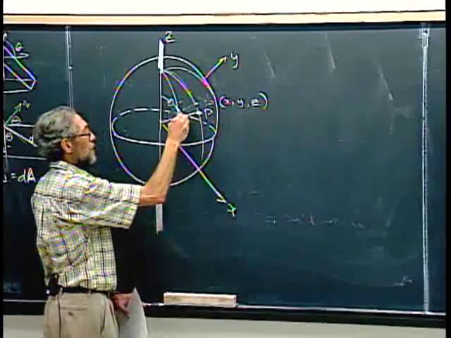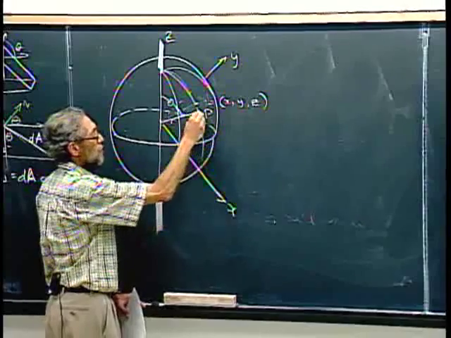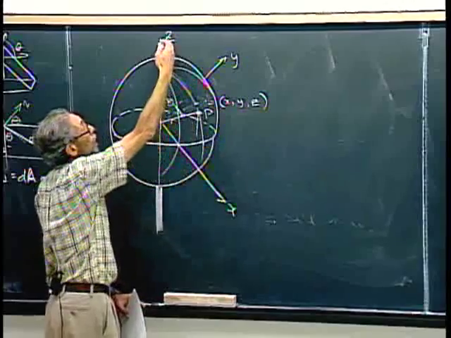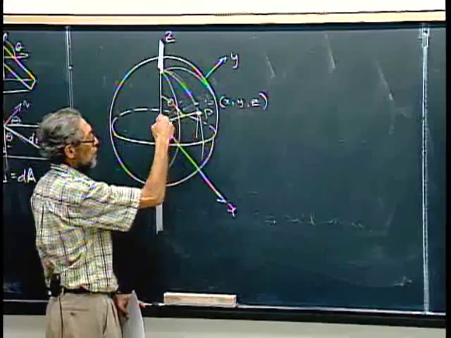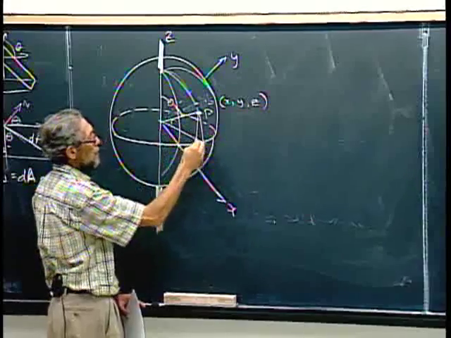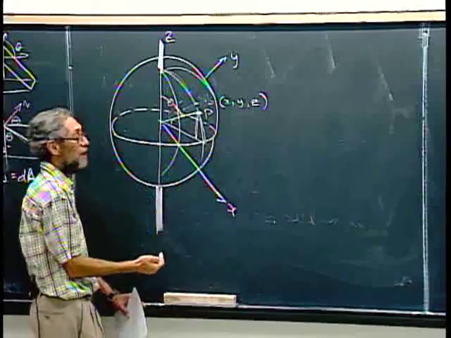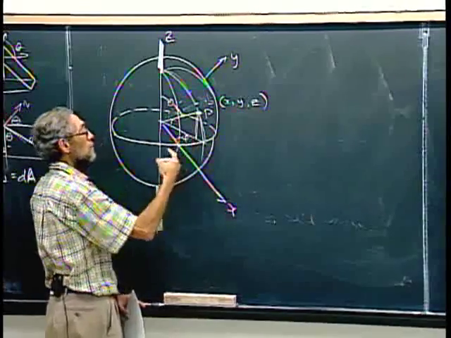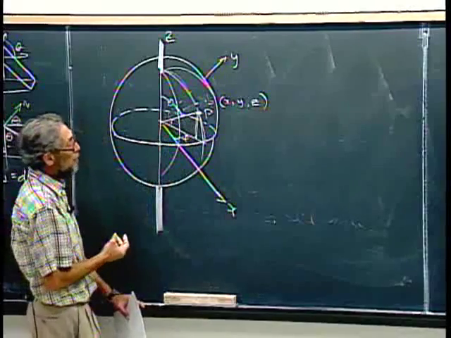So this angle now is theta, and now what we do is we come either down to this arc or we just come straight down in the plane through the z-axis, the North Pole of this point here, and we get an angle, right? This is the vertical projection, and this is sort of continuing that longitude line. However we think of it, this angle phi, measured from the x-axis, is another coordinate.